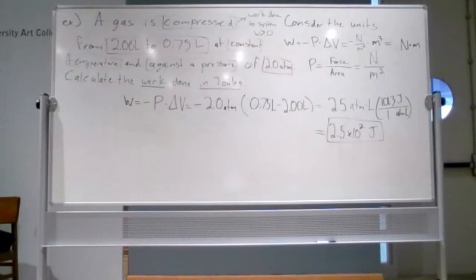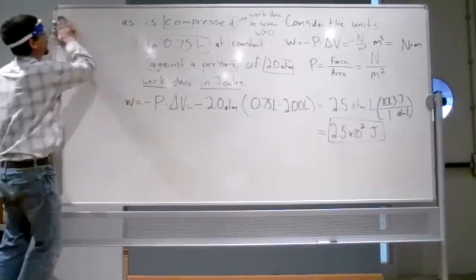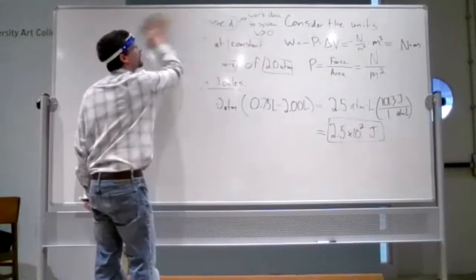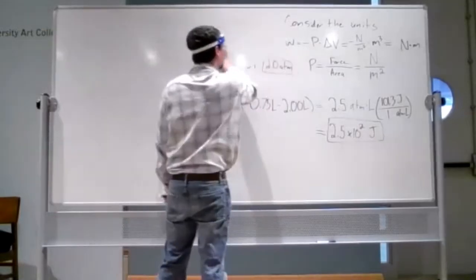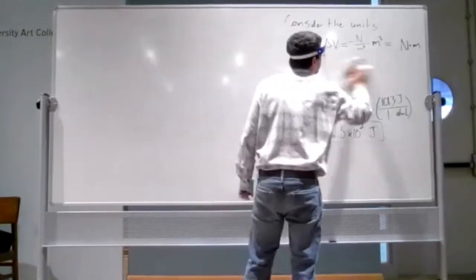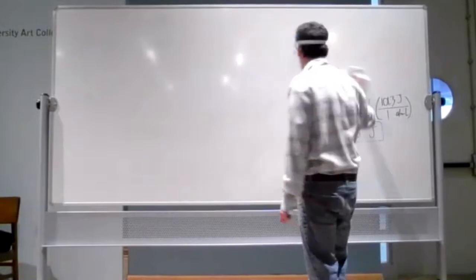Now let's add another bit to this. Am I okay to erase this? All right. So now let's say we have the same thing, but instead of a constant pressure of 2.0, we're against a vacuum.